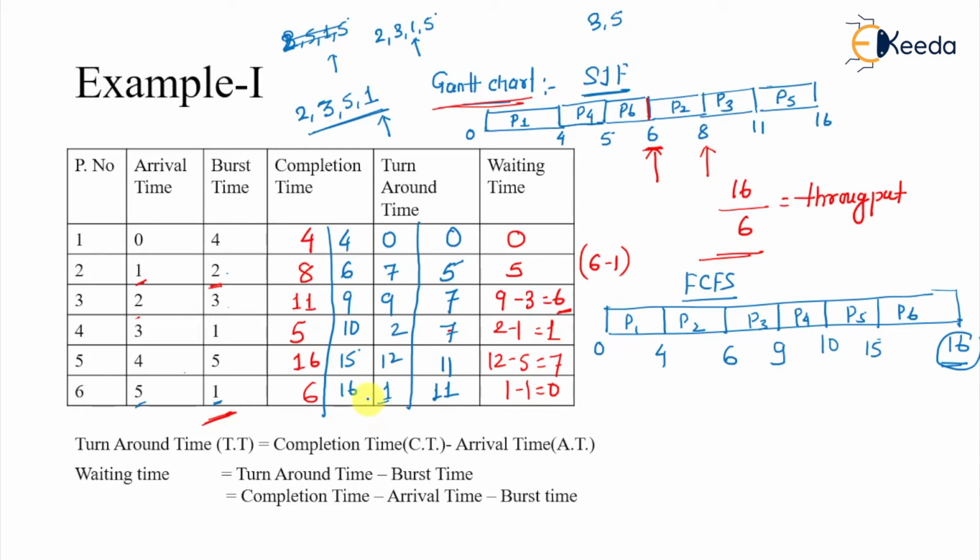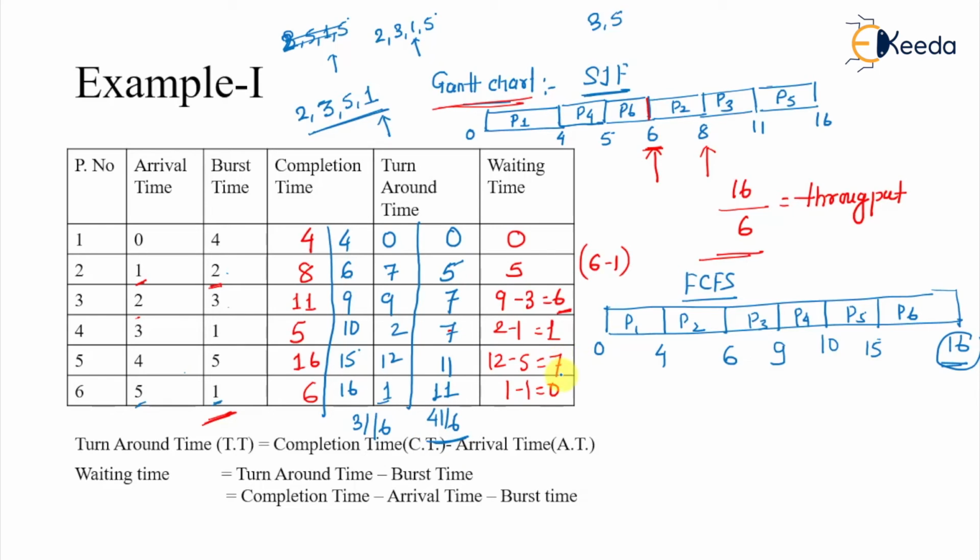Now if I take the average value, what will it be? For SJF the sum is 31, divided by 6, and here the sum is 41, divided by 6. Now you can see the real effect.